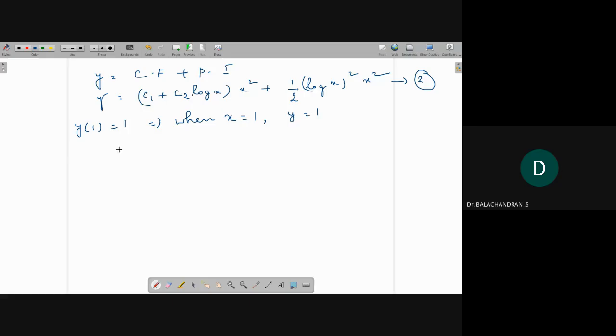Similarly, y dash of 1 equal to 0 implies when x is equal to 1, y dash is 0. So I call this 3, this 4.